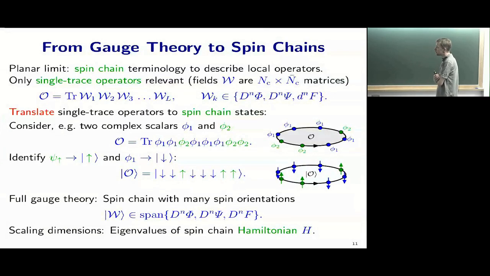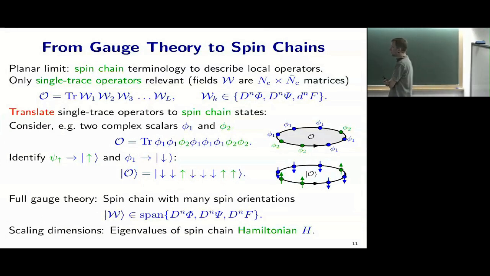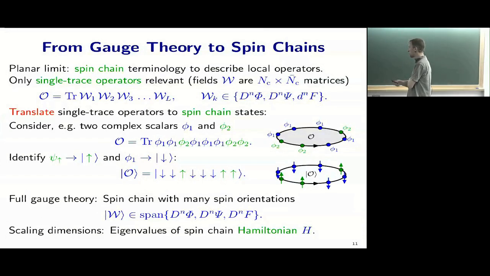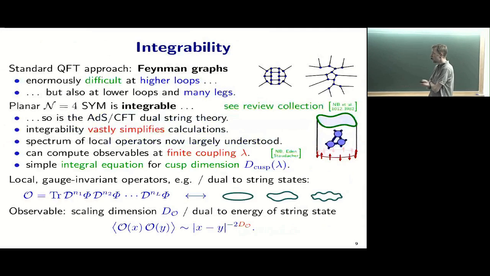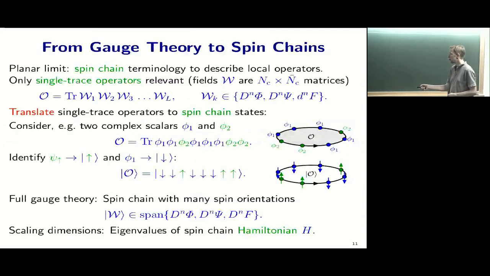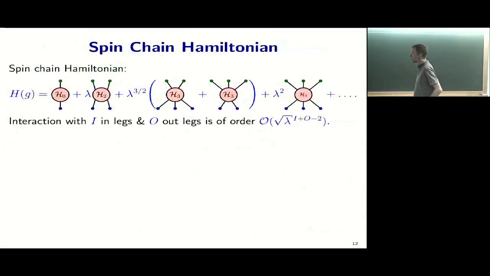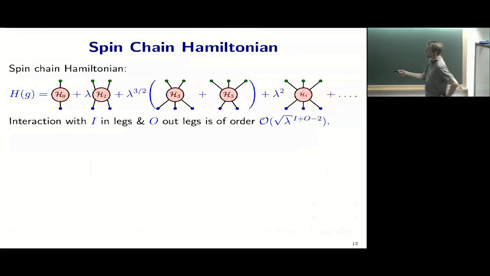The spectrum is the spectrum of eigenvalues of a Hamiltonian, and you want this Hamiltonian to reproduce exactly, as eigenvalues, the scaling dimensions that I mentioned. So to understand what this Hamiltonian is, it can be computed in perturbation theory. Basically, you get a sequence of objects like that, which is a perturbative sequence if lambda is small.